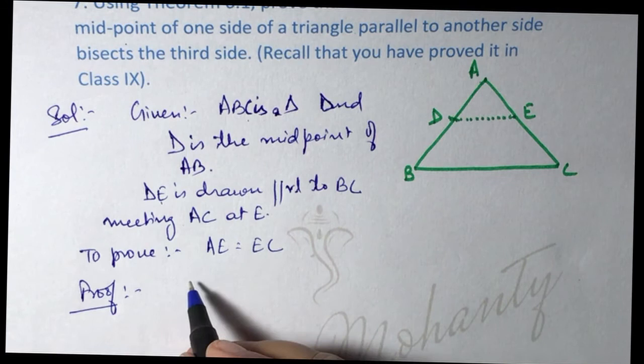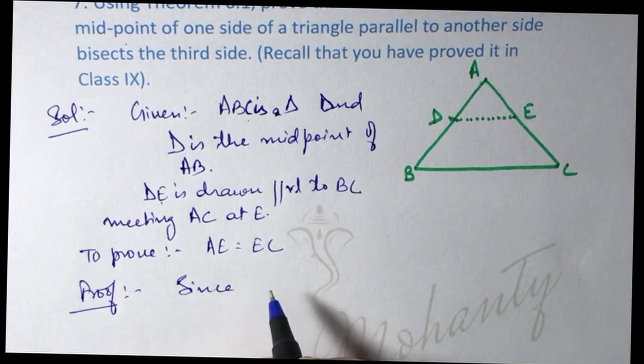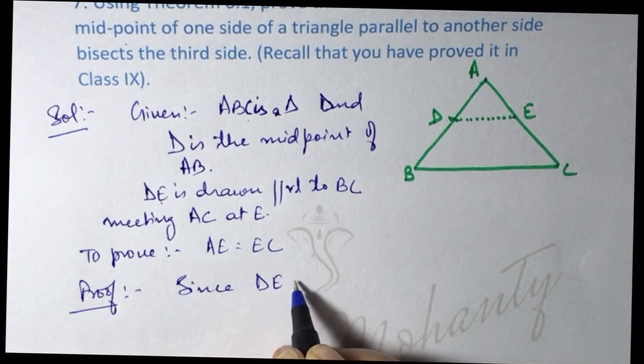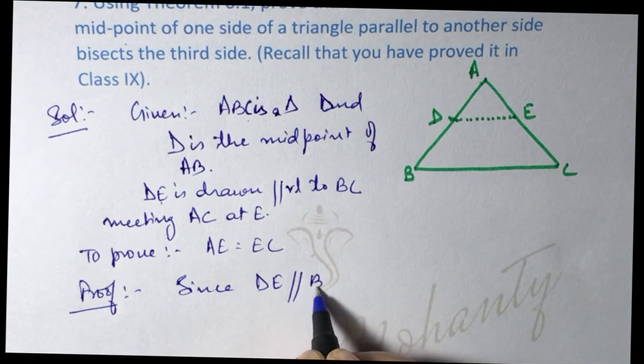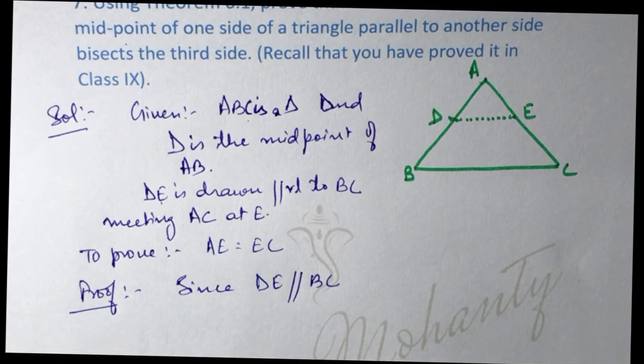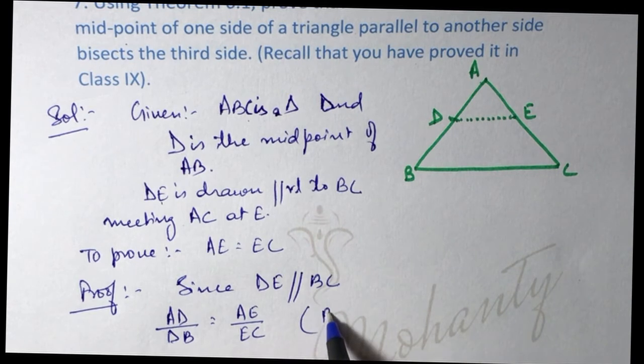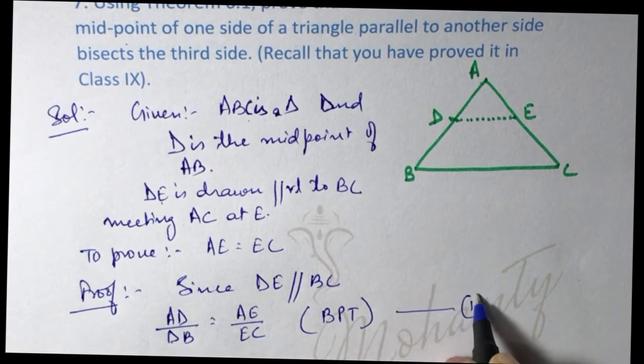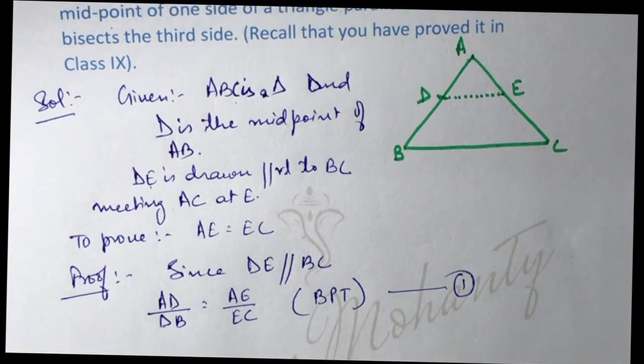Since DE is parallel to BC, as per the basic proportionality theorem, AD by DB is equal to AE by EC. Reason: basic proportionality theorem. Name it as equation number 1.